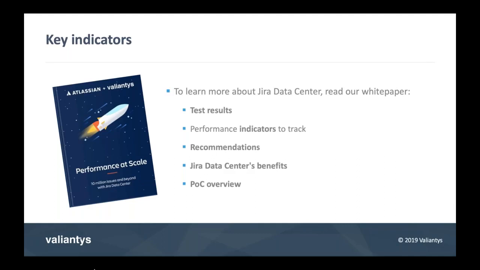So you'll have some performance indicators, and also some recommendations on how to scale your instances so they are able to handle all your demand, right? I highly recommend you go to our website, valiantys.com, and have a look at this white paper.